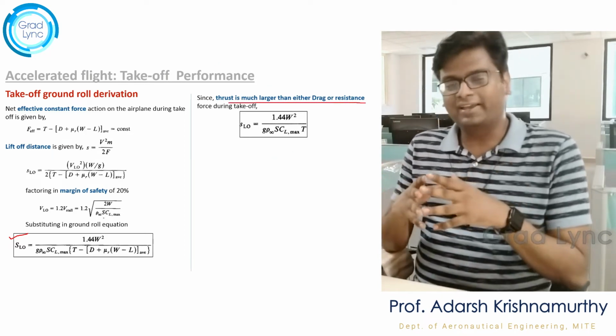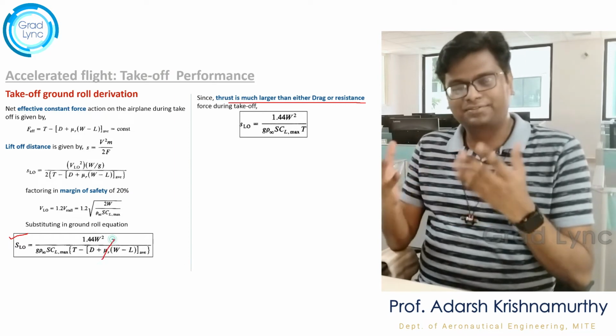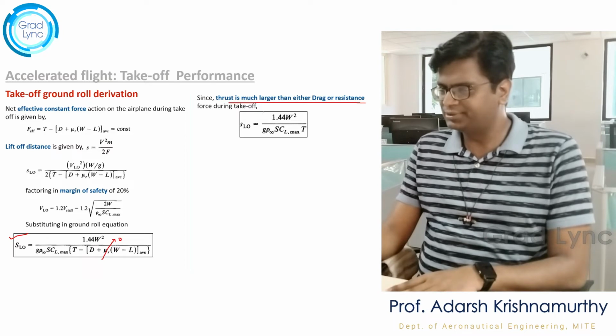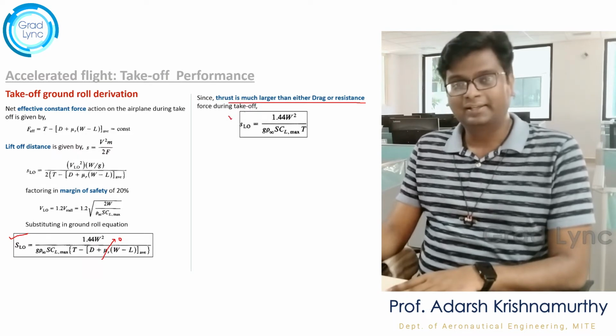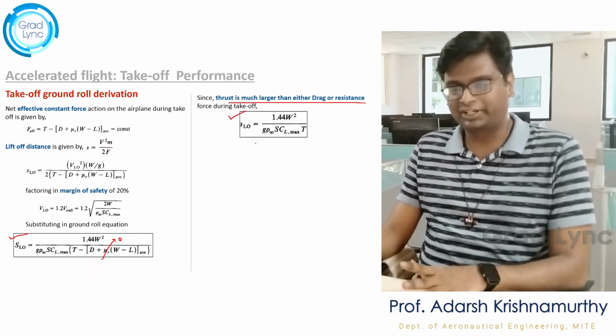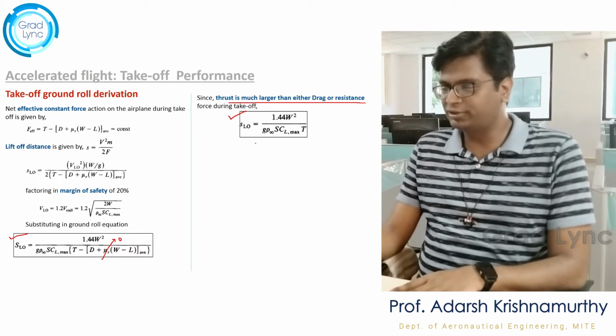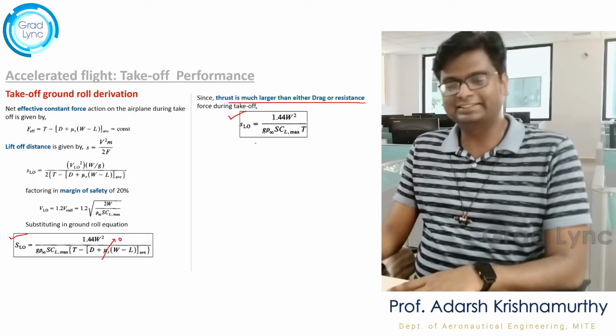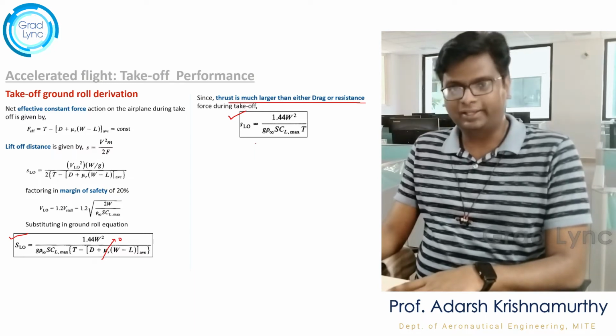So comfortably I can neglect the drag and frictional force when compared to the thrust force. So by neglecting these two terms, finally I get the distance for liftoff or the takeoff distance as 1.44 W squared by g into rho infinity S into CL max into T, where T is the thrust required.